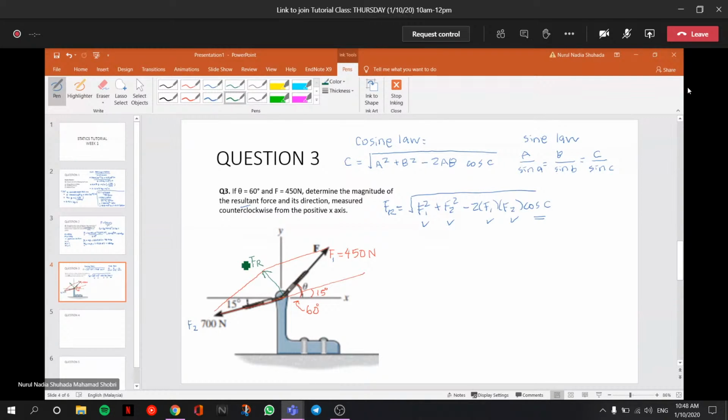We can rearrange it into a parallelogram, also into the triangle, according to what we are looking for.